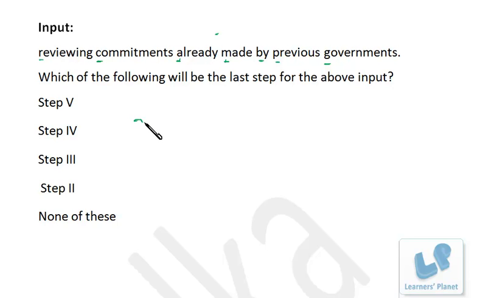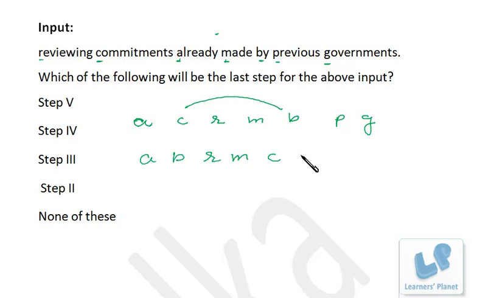So this is A, this is C, R, M, B, P and G. Now B and C will exchange their position. So A, B, R, M, C, P, G. Then R and C will exchange: A, B, C, M, R, P, G, right?